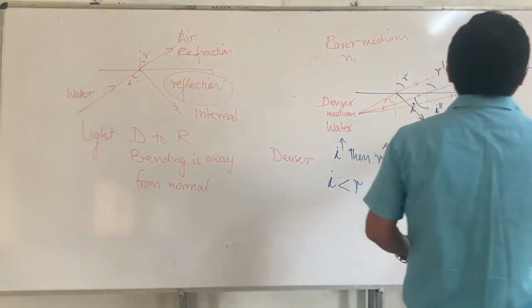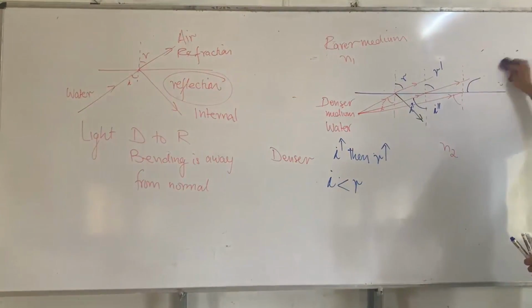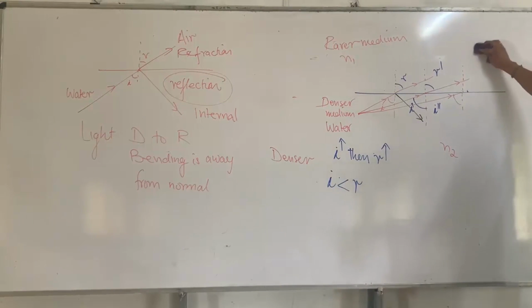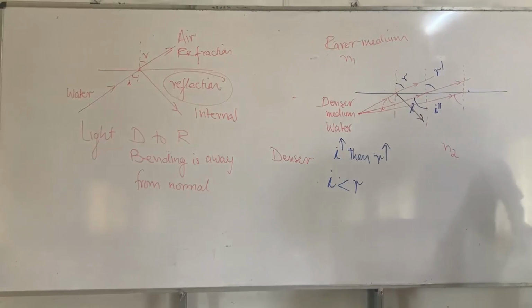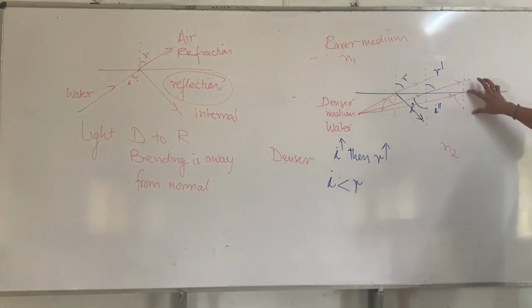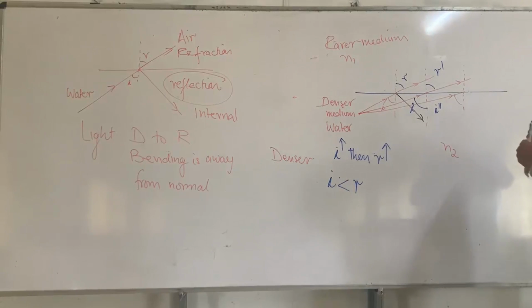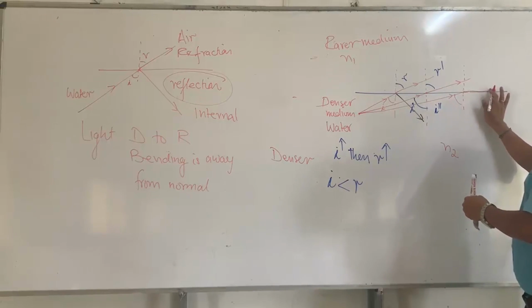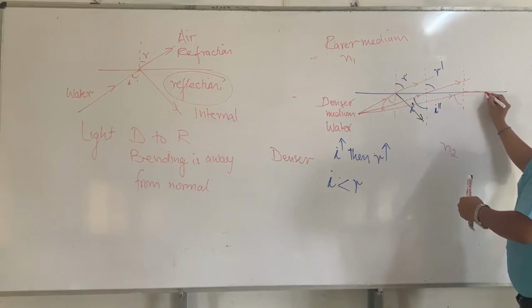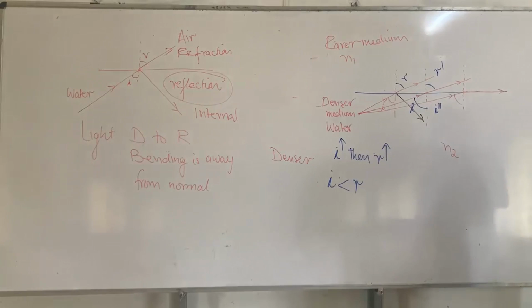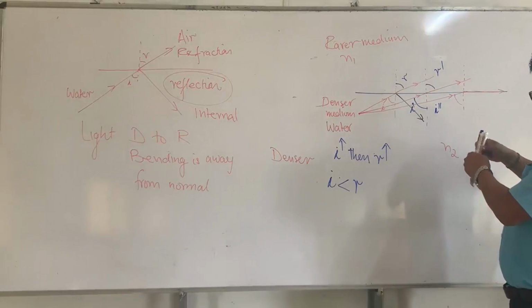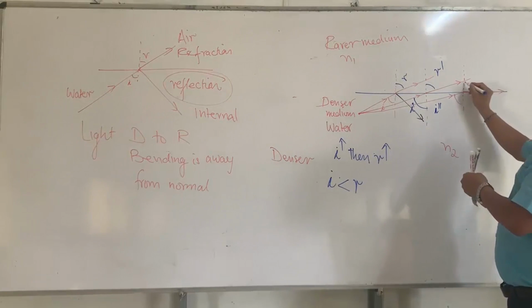Alright. So then you will find, as I told you just now, the limit of angle of refraction is only along the interface surface. So as I increases, now this is the refracted light passing along the interface surface. So this angle is 90 degrees.